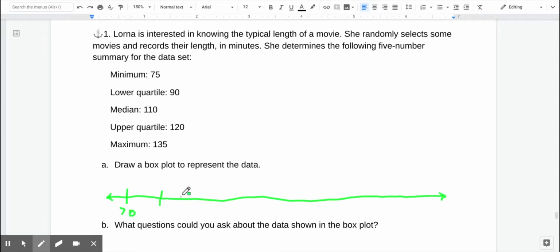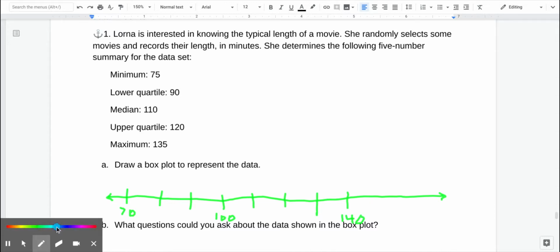Let's go: there is 80, 90, 100, 110, 120, 130, and 140. And of course I could go on more, but I'm just going to label a couple of these so I can count between them, mostly because I'm drawing this on my screen with my mouse and that doesn't work out very well for me.